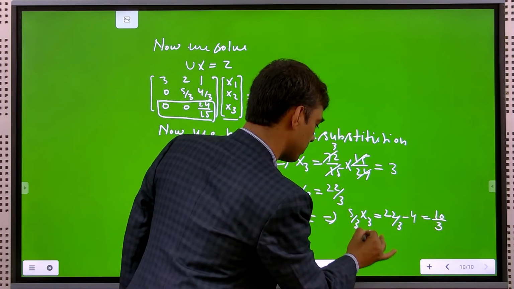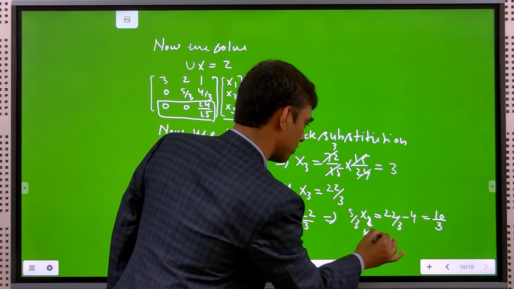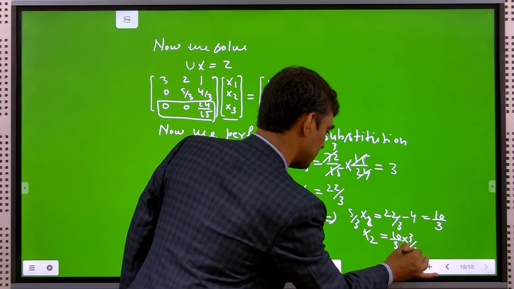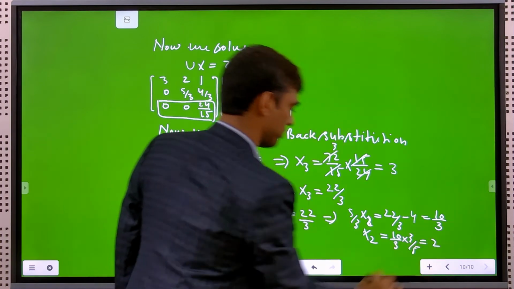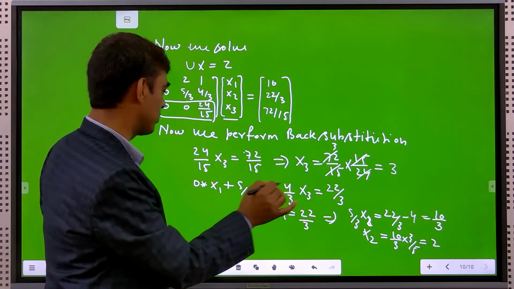What is the value of x2? x2 becomes 10 by 3 into 3 by 5, which equals 2. Now we have found the value of x2, x2 equals 2.